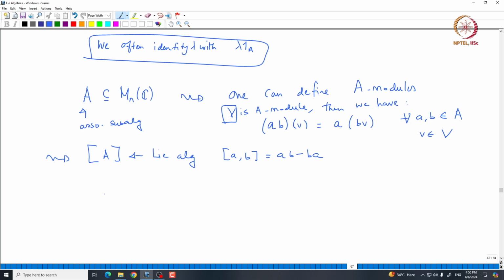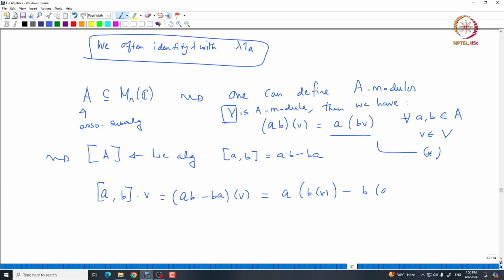That is because whenever we take the bracket [A,B] acting on v, you can easily see that this is nothing but AB minus BA acting on v. Now using condition star, this is the same as A of B of v minus B of A of v, and this is true for all A, B in capital A and v in capital V.